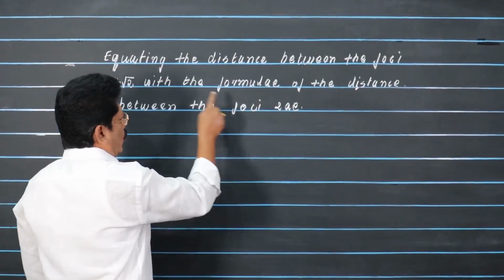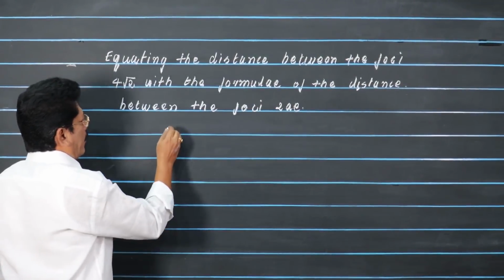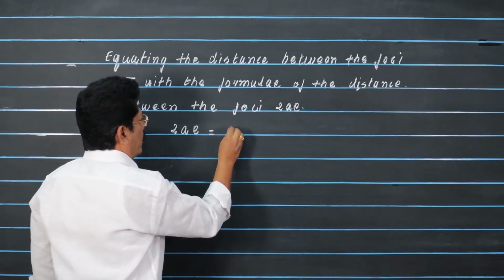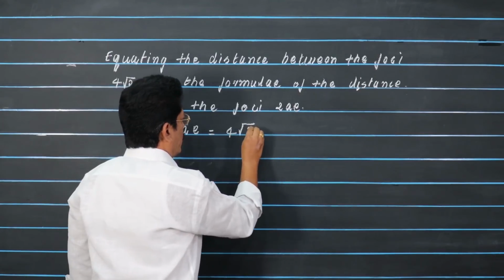Equating 4 root 2 with 2ae, 2ae is equal to 4 root 2.